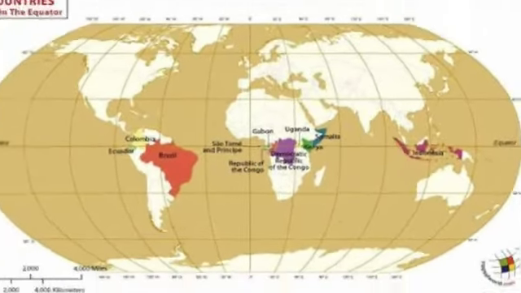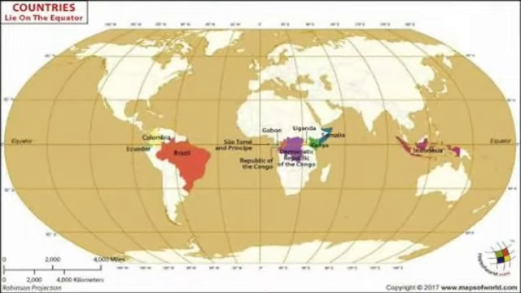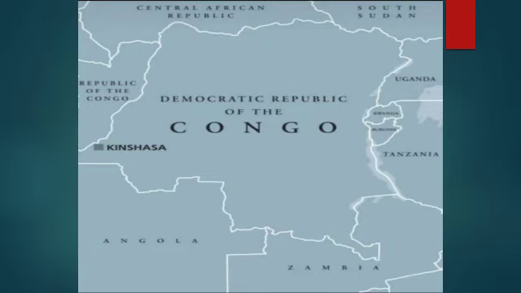The climate of the equatorial region is hot, humid and wet. So let us read about the Democratic Republic of Congo, which is located in equatorial region.